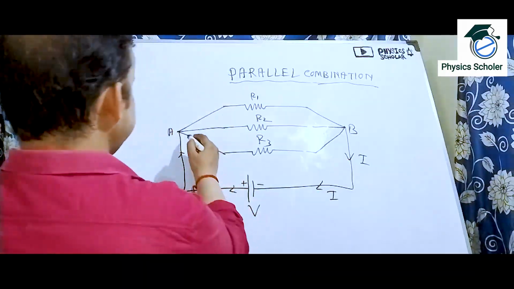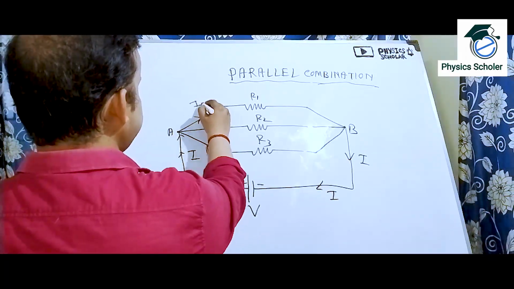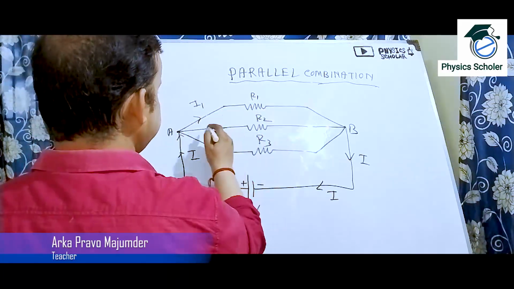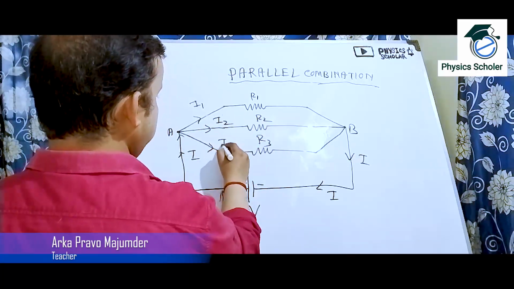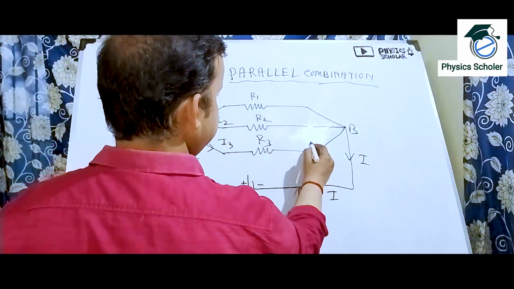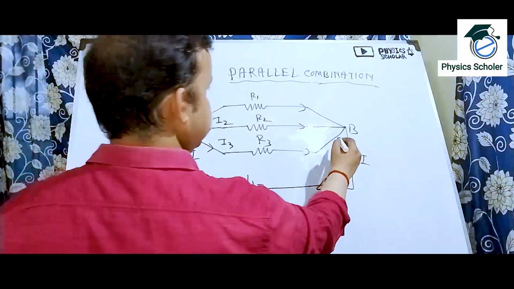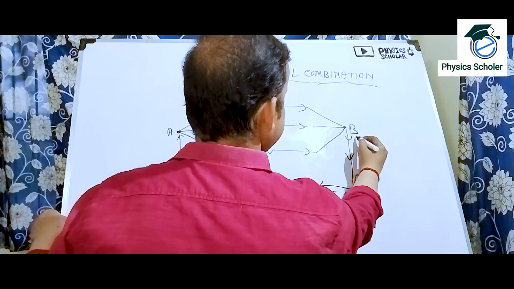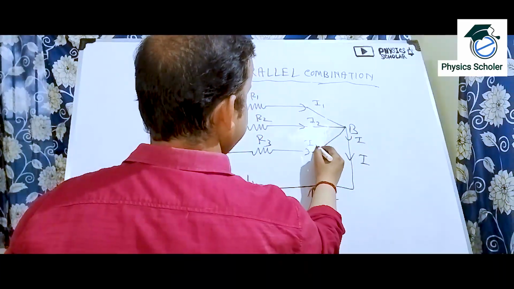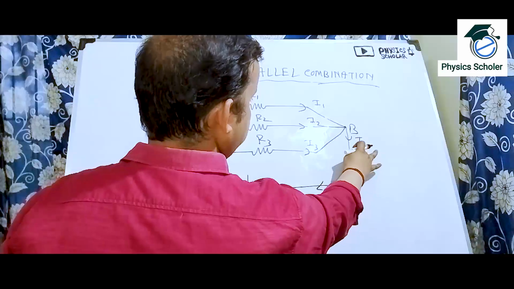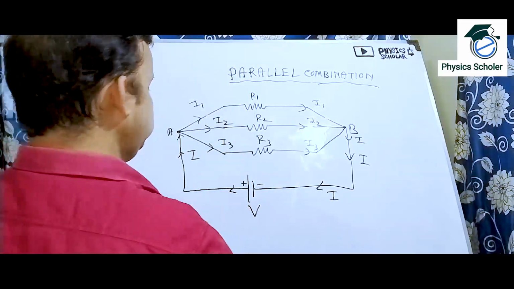But here, when the current comes to point A, it will be divided. Suppose in three parts: one goes to this branch, another to this branch, and another to this branch. So the current I1 goes through this, I2 through this, I3 through this, and here they will again meet, and then the current comes back to the battery.